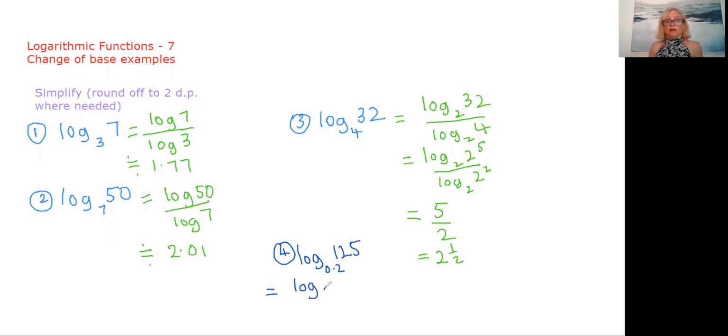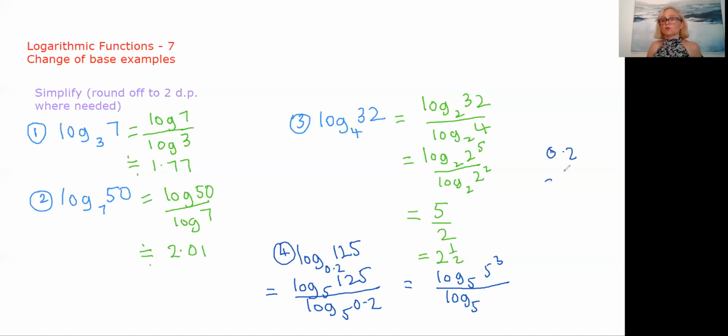All right, so we want to have base 5 in numerator and denominator. All right, so 125 is 5 cubed. 0.2, let's just do a bit of working here. 0.2 is 1/5, isn't it? Which is 5 to the negative 1.